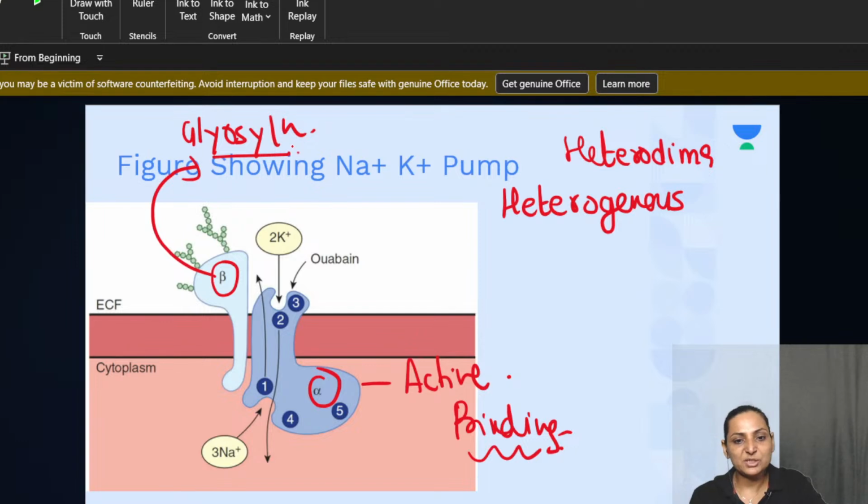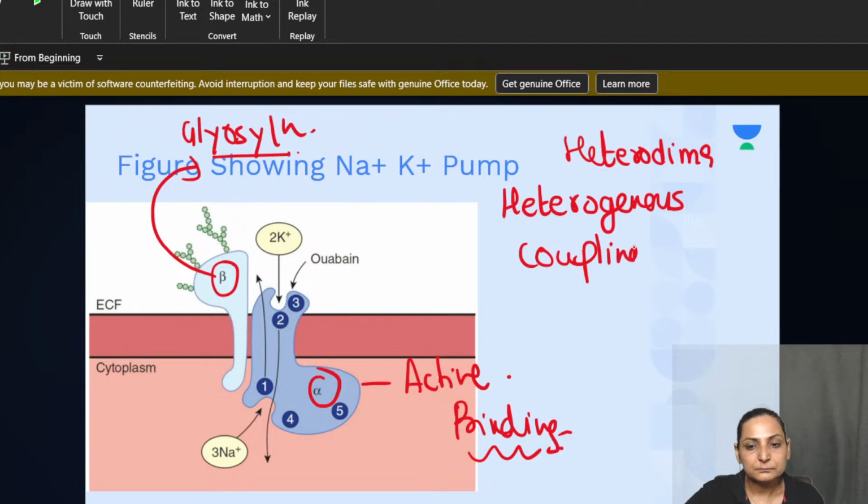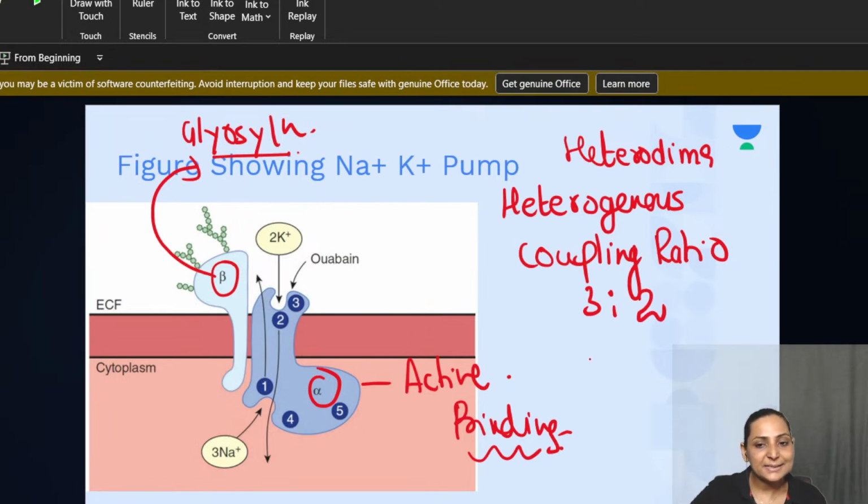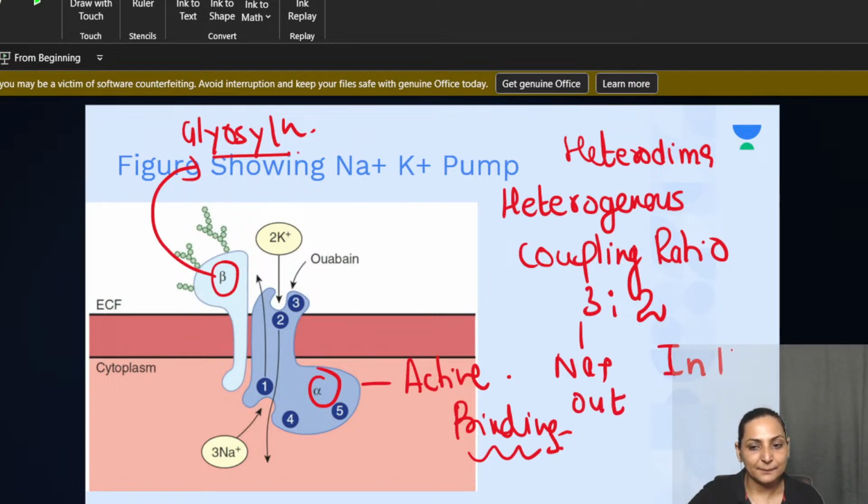This comes as an image based question, wherein you may be asked which is the sodium binding site or potassium or so on. Now remember, it has got a coupling ratio of 3:2. That means 3 sodium is poured out and 2 potassium is taken in.